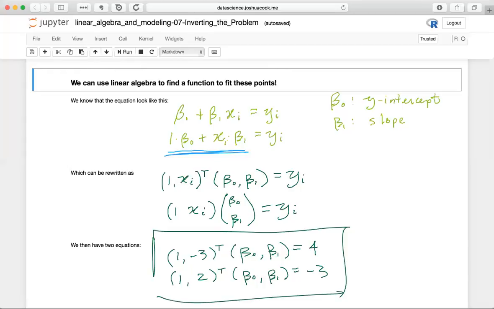I want you to think about, what are the unknowns here? Previously, the unknowns were the x and the y. We were trying to find the x values. But now we're not trying to find the x values. Now we're trying to find the slope and the intercept. We're trying to find these coefficients that are going to define the equation.